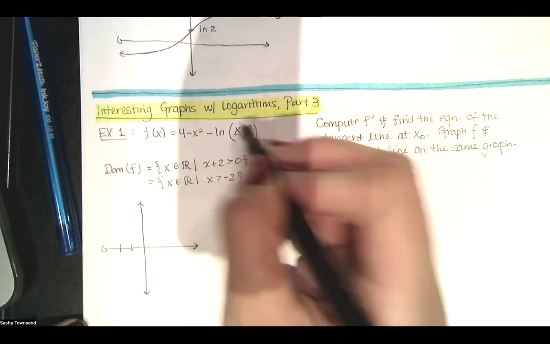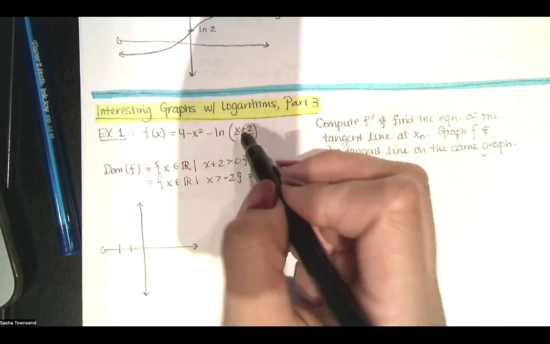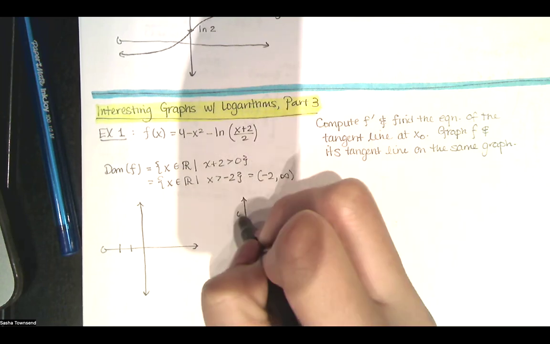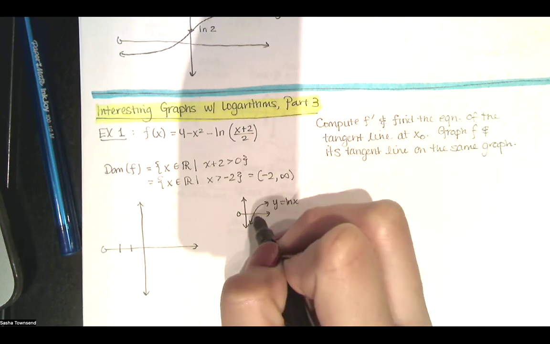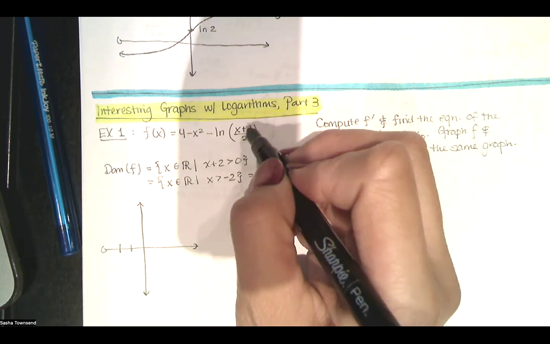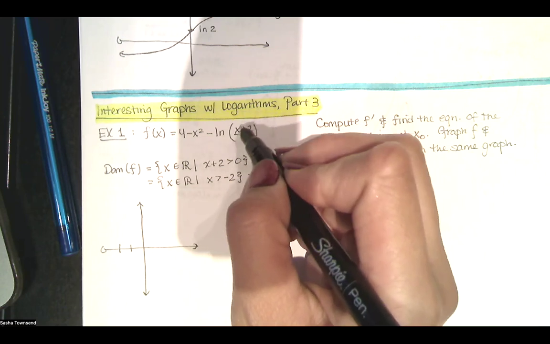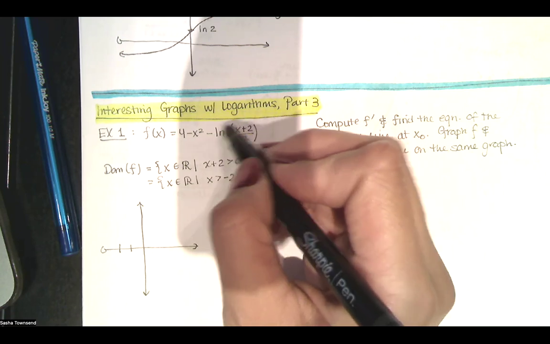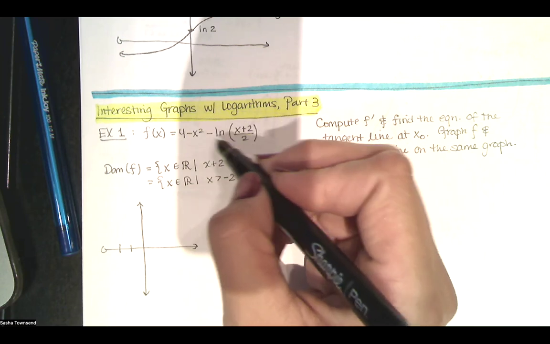because we know that the natural log of x will approach negative infinity. We know y equals natural log of x looks like this, right? As we approach 0 from the right, the function value goes to negative infinity. So as x plus 2 approaches 0, that's when x approaches negative 2 from the right. Then our logarithm here is going to go to negative infinity. And then we multiply by negative 1, so this is going to go to positive infinity.